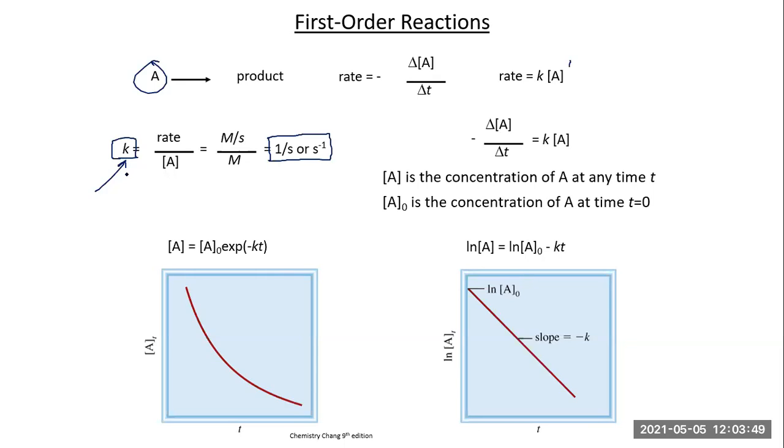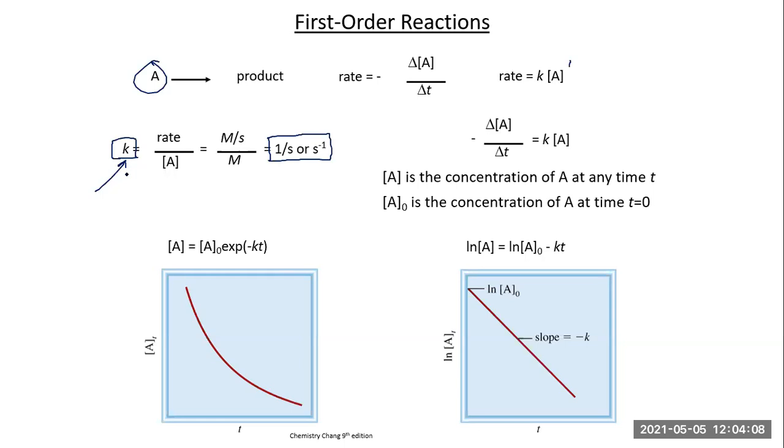Now, when we look at this 1/seconds or reciprocal seconds, it doesn't always have to be seconds. It can be really any unit of time. You could have 1/minutes, 1/hours, 1/days, weeks, years, whatever it may be. But it's really 1 over some unit of time.